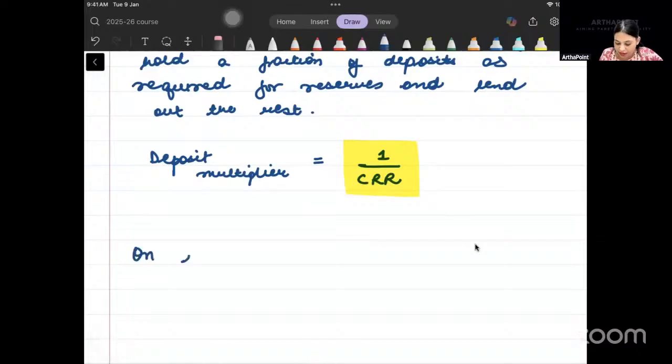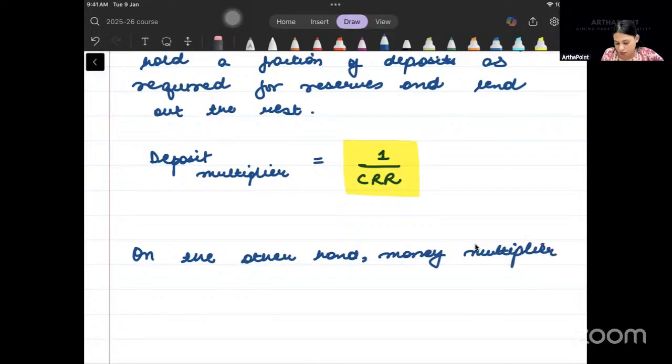On the other hand, money multiplier is more general and realistic.